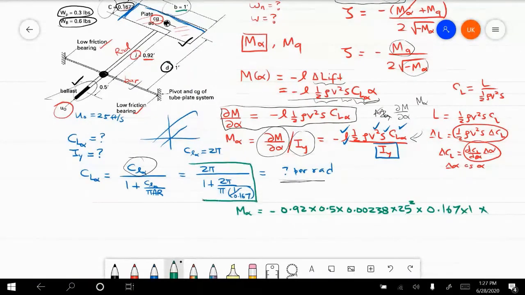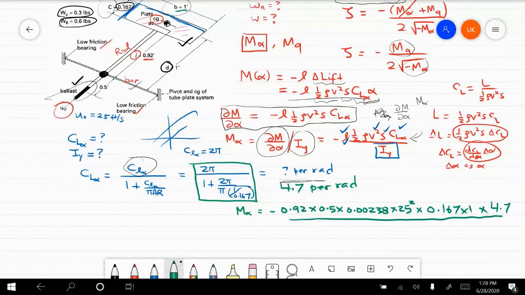I left it as it is, but if you do the calculation, again, this is pretty standard, you'll get approximately 4.7 per radian. So you can put 4.7 here, divided by Iy.